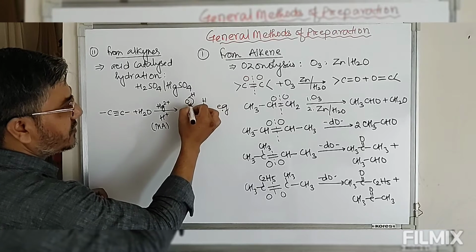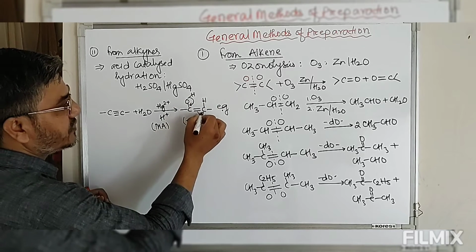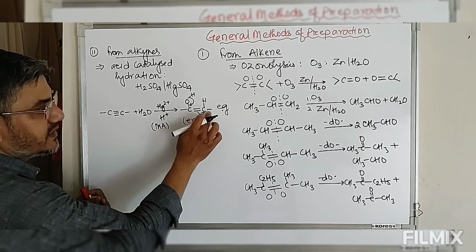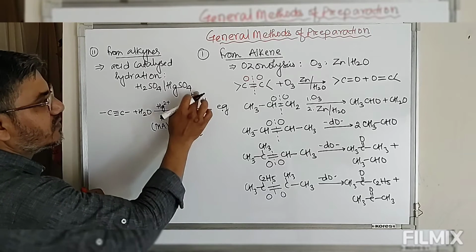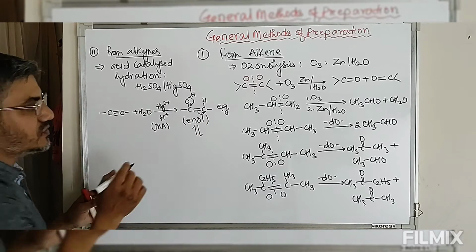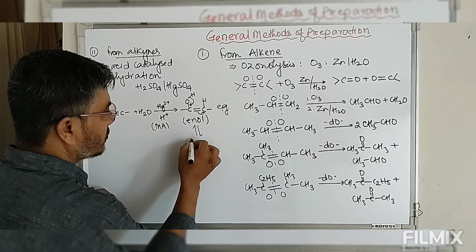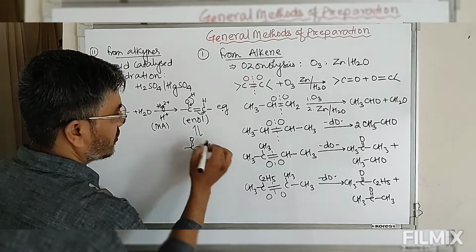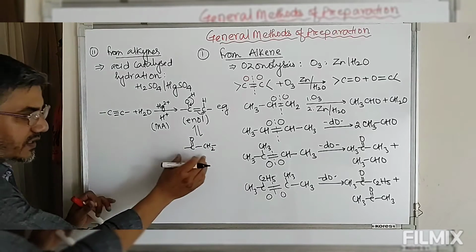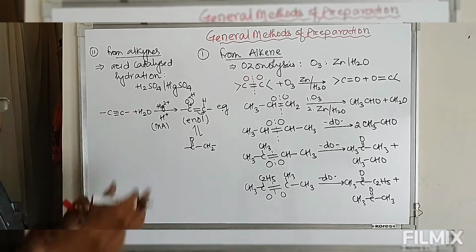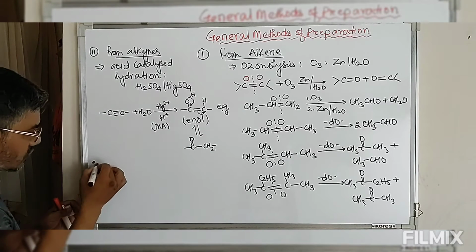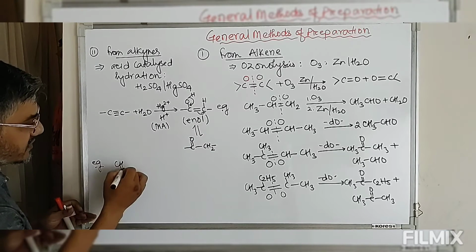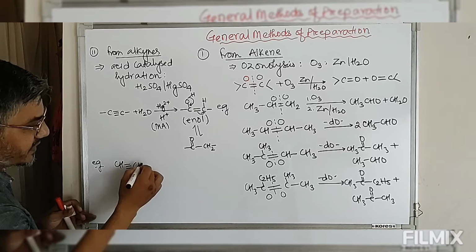The electron is transferred between carbon and oxygen, and the pi electron is shifted to carbon, so this carbon is negative. To this negatively charged carbon, a positively charged hydrogen adds, and this gives you this group. So this may be an aldehyde or a ketone. So let's take this example, starting with CH triple bond CH.